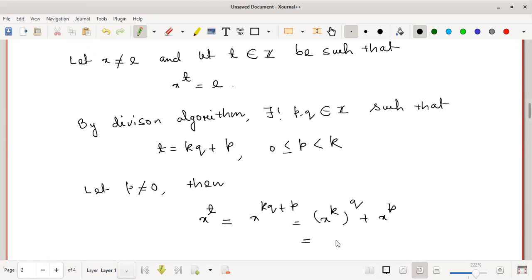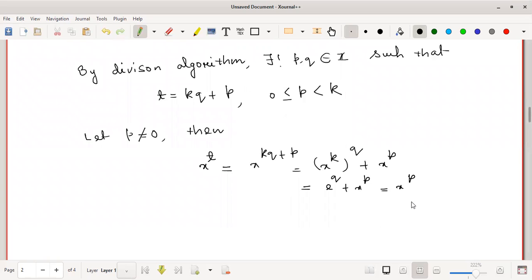But k is the order of the element, so x to the power k is identity. So it is identity to the power q times x to the power p, which equals x to the power p. But you know that x to the power t is identity, so this is equal to identity.